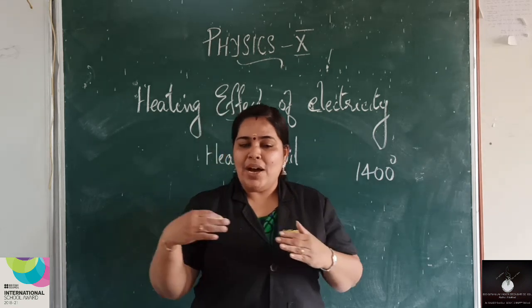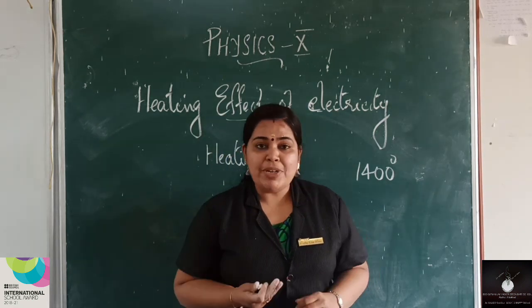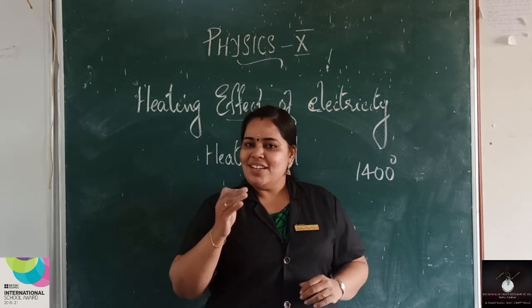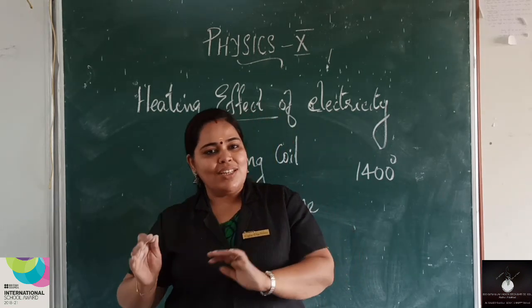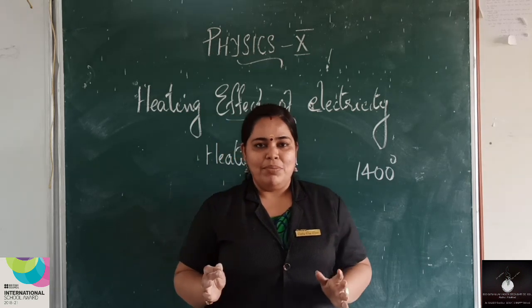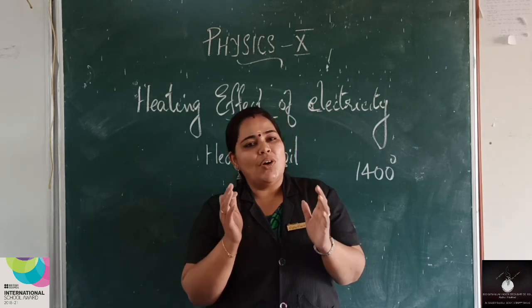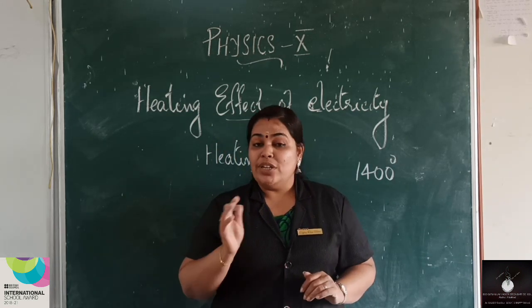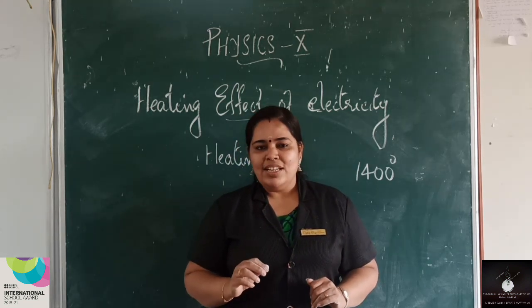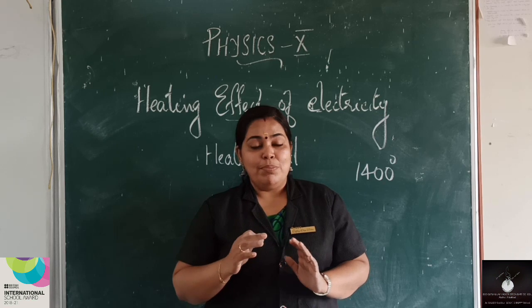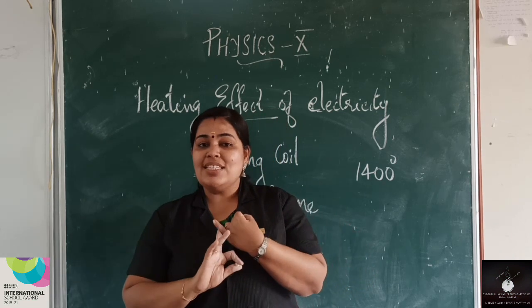You know, when current passes through the nichrome wire, it becomes red hot, isn't it? So it can remain in that red hot condition for a long time. Red hot, it will not undergo oxidation. Is it clear? These properties make nichrome suitable for use as a heating coil.